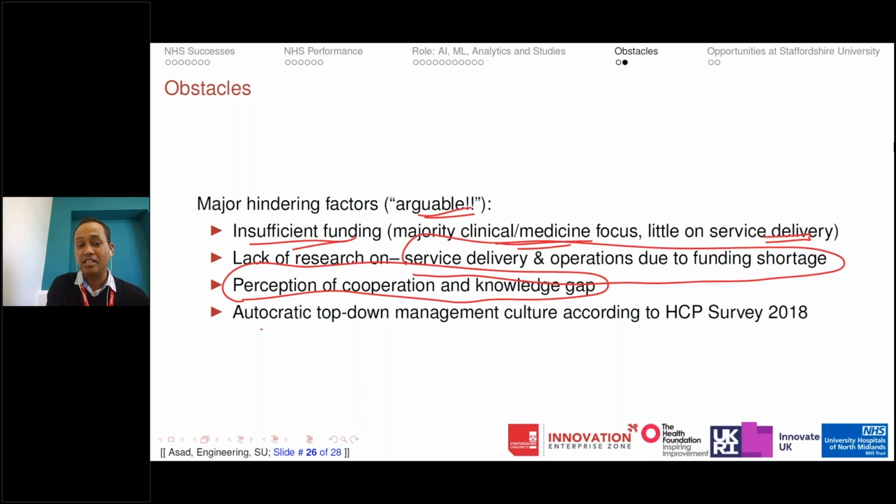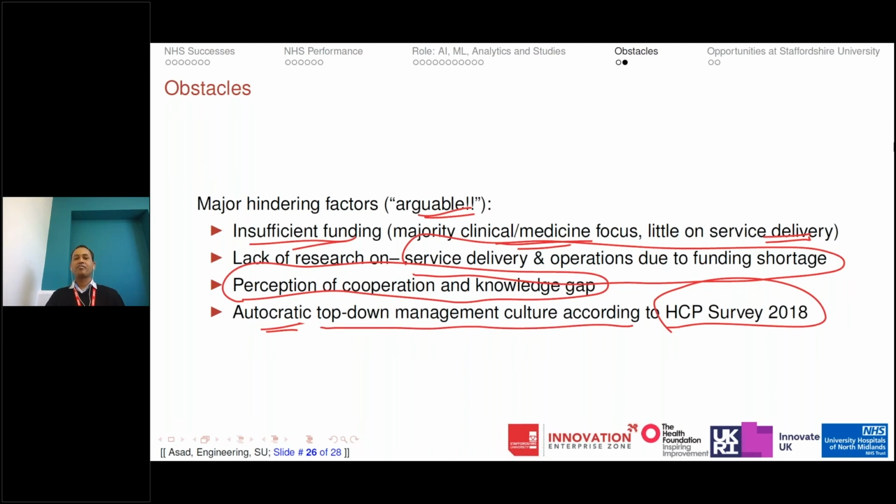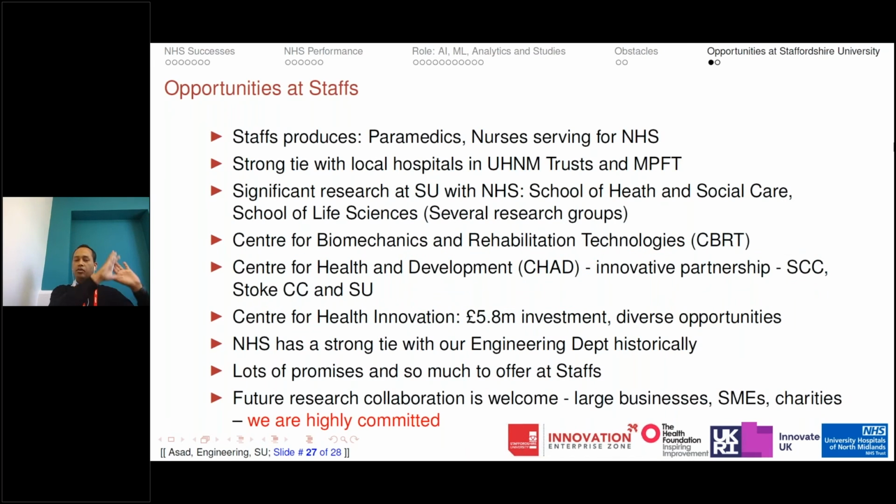I don't know if this word is appropriate or not. The HCP survey mentioned this autocratic, top-down management culture for the NHS within the UK. Right? So now, having said that, we have funding restrictions, we have complexities.